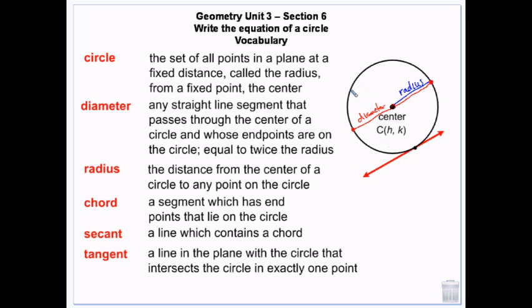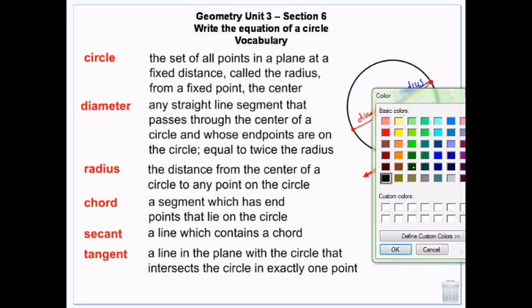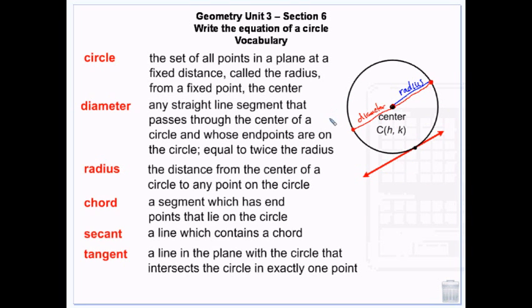A chord and a secant work together, so I'm going to do green. If I take a line and I cut the circle like that, this is a secant line.